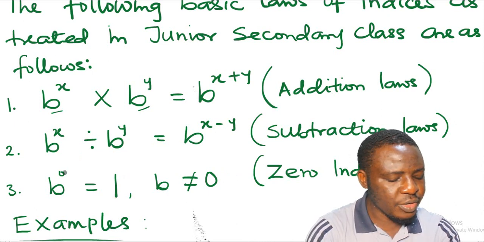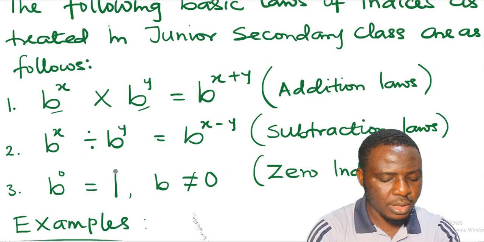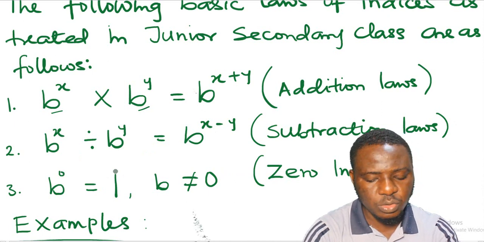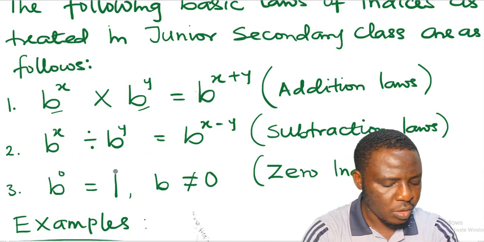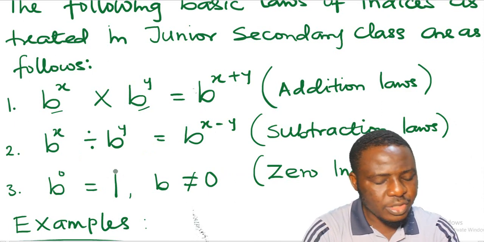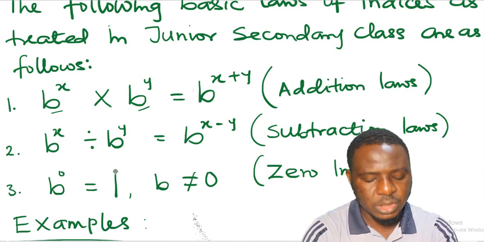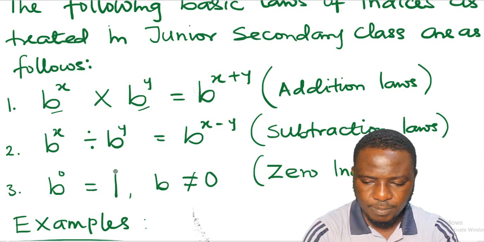The third says b raised to the power of 0 is equal to 1, where b is not equal to 0, and we refer to this as the zero index law. That is, any number raised to the power of 0 is equal to 1.